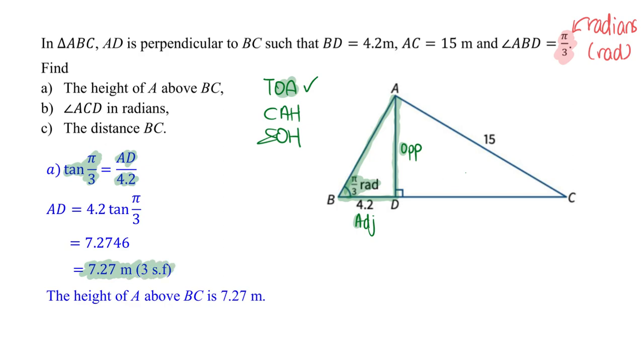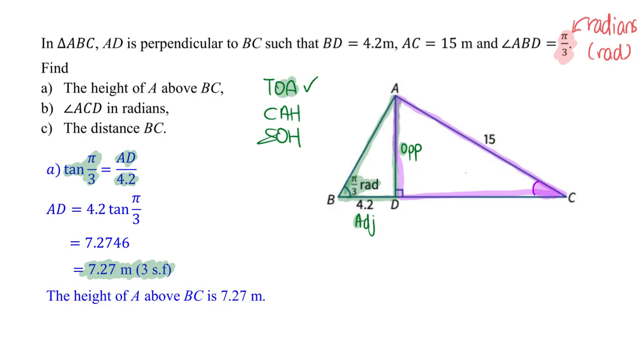So part A is done. In part B, we are required to find the angle ACD in radians. Then I will look at this purple triangle, and I will be looking at this angle as well.